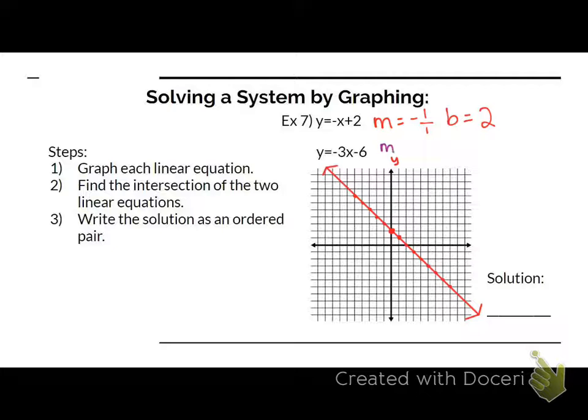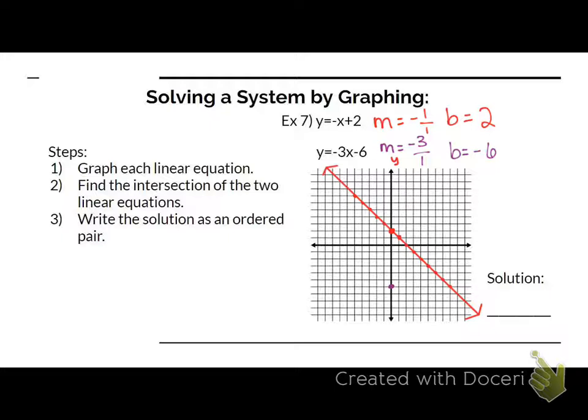For the second line, what's my slope? Negative 3, or negative 3 over 1. And my b is negative 6. On the y-axis, we go down to negative 6. Put a point. From that point, where can I go?